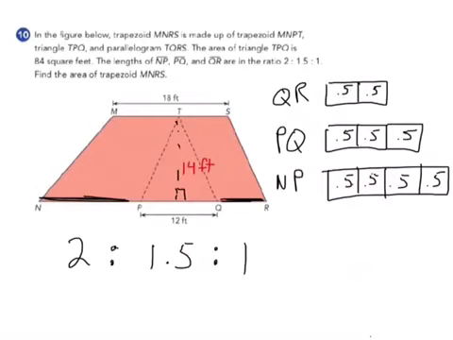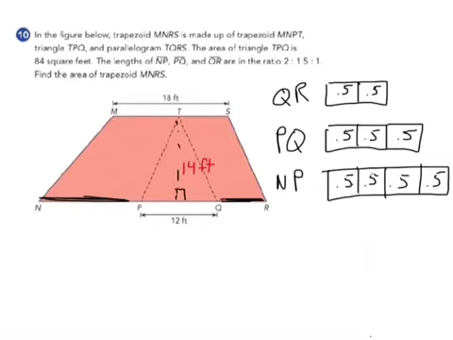Okay, so we can kind of think of our ratio as 2 to 3 to 4. Basically, we're just doubling all of the terms of our ratios.